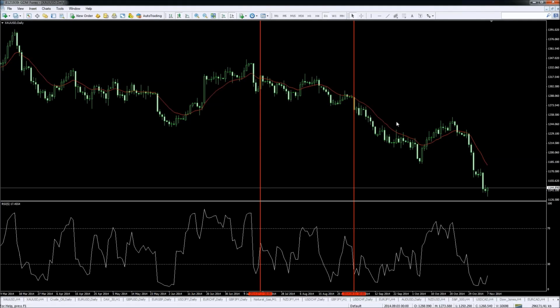So from our entry here, before the price breaks above the exponential moving average, entering in overbought conditions from where the relative strength is telling us the price will either move sideways or it will change to the upside. So we have no idea.